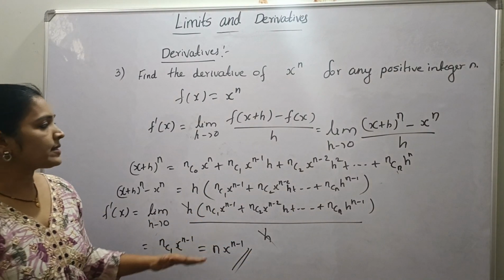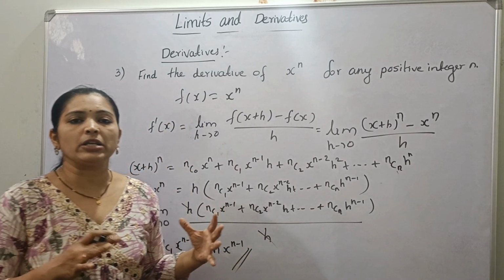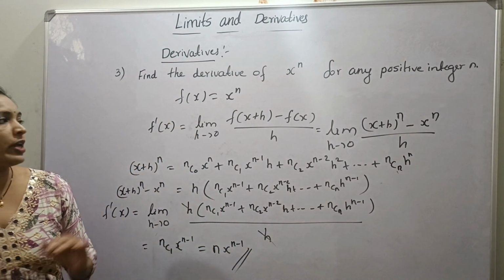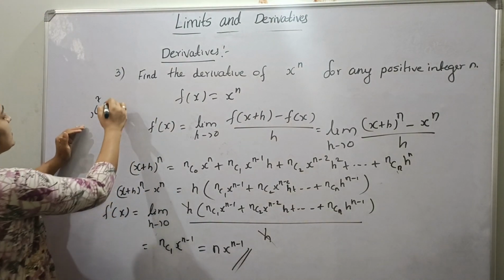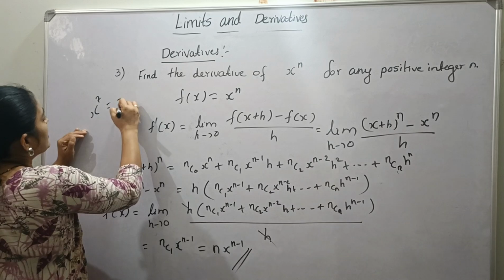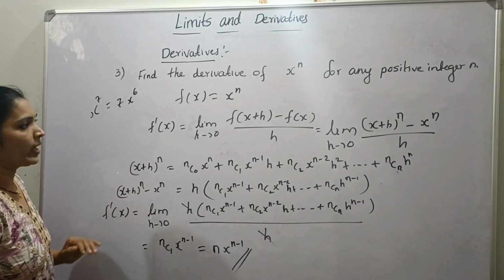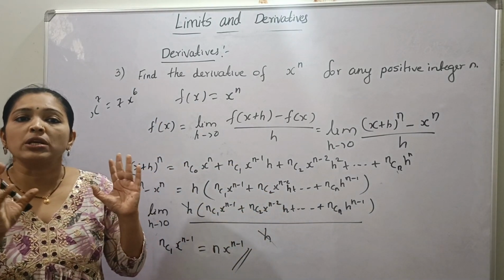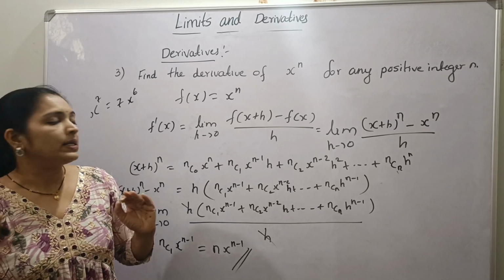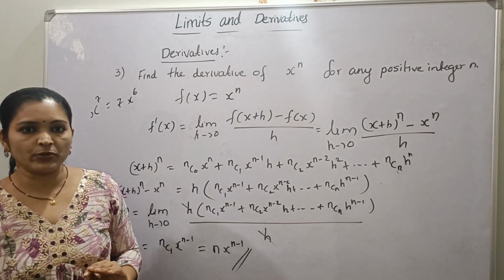If you are asked to find the derivative of x raised to 7, for example, directly you can write the derivative of x raised to 7 is 7 x raised to 6, that is 7 minus 1. Suppose you are asked to find the derivative of a function using the first principle method, you should apply the definition.